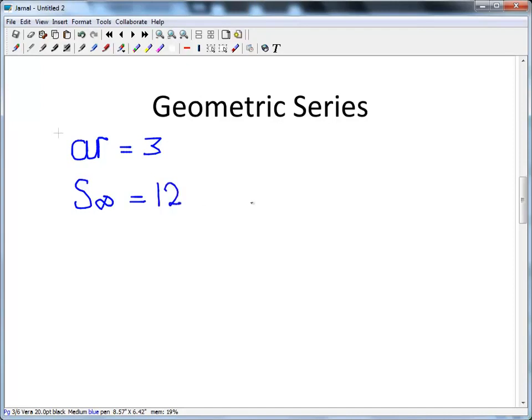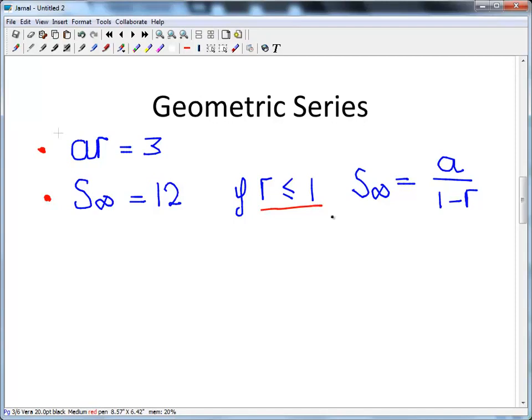If the common ratio is less than or equal to 1, then the sum to infinity is equal to a over 1 minus r. So what we have here is two equations and two unknowns, and that makes our argument that r is less than or equal to 1 much stronger.